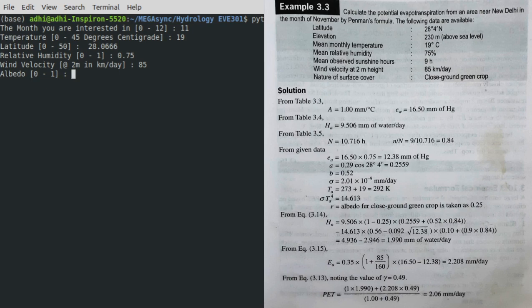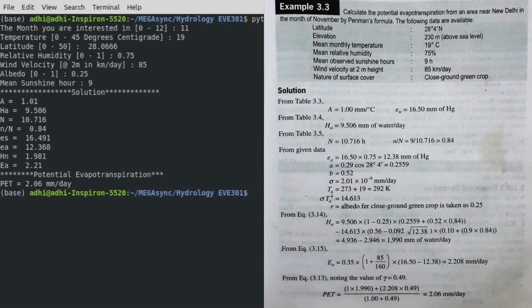Next, albedo is taken as 0.25, and the sunshine hour given is 9 hours. So the program ran and it is giving us the solution which exactly matches with the solution given by the textbook.